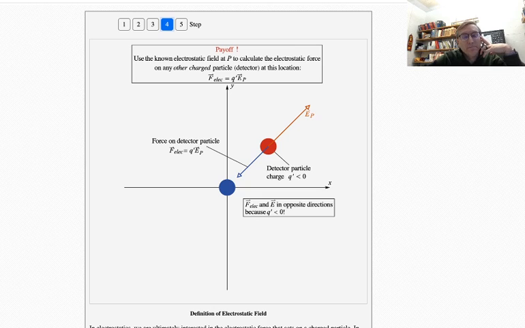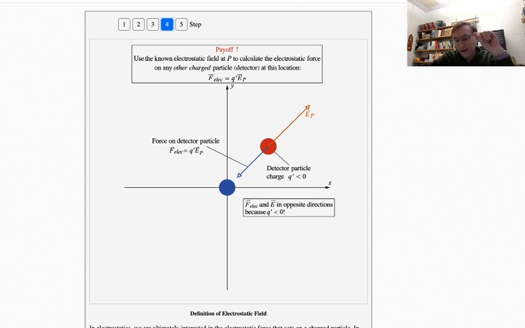That's the red disk. Well, that red disk, that point particle, which we're going to call the detector particle, is immersed in the electric field of the source particle. And at the place where it is, that electric field is E_P.